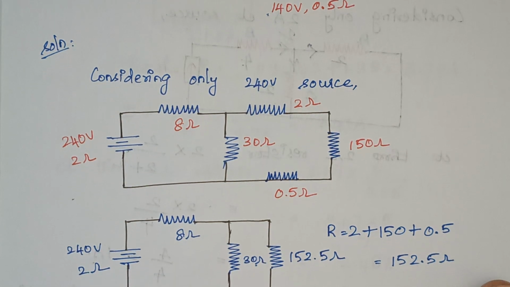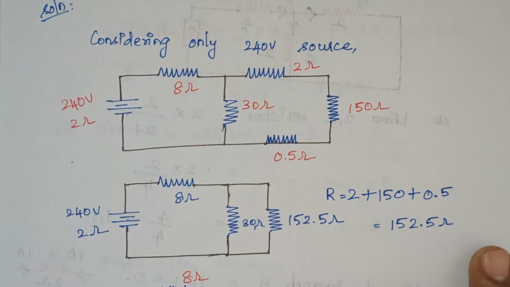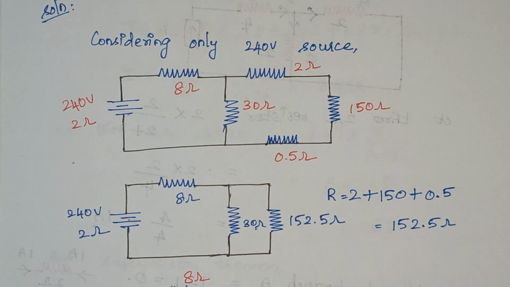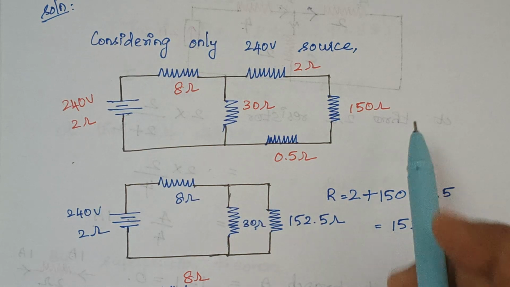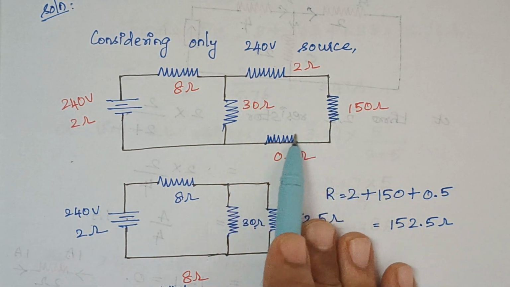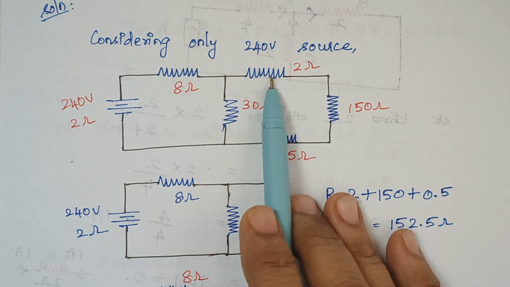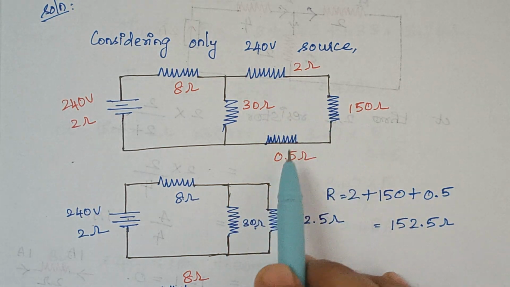Then as usual we are reducing the circuit, that is, we are going to find the total current that flows through the circuit. To find the total current we have to find the total resistance. So in this case you see these three resistors are connected in series, right? So the total resistance is just adding these three values.